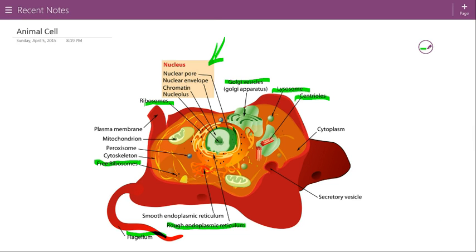The lysosomes, since they're right next to our Golgi vesicles, work in intracellular digestion. If there is some waste product in the cell, the lysosomes, and let's see, there's another part for intracellular digestion. Well, other vacuoles. Remember we talked about vacuoles more in plant cells, that big empty space that holds all that water.